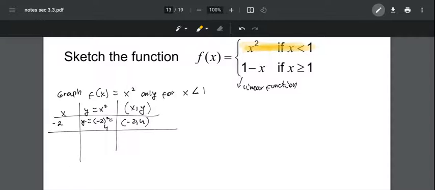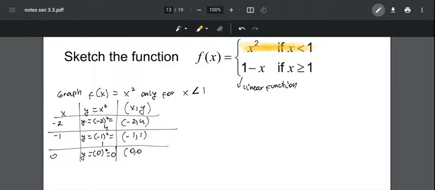And I will select -1. So y will be equal to -1 to the second power, which is 1. So we have the point -1 comma 1. And since I can only select x less than 1, I can also select 0. When x is equal to 0, y is equal to 0 to the second power, which is 0.